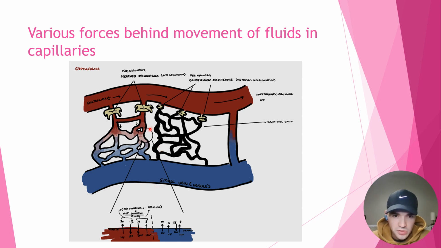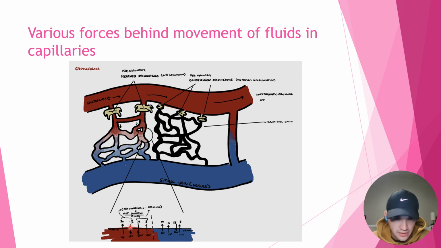Long story short, let's zoom in right here. It's kind of hard to see, but I drew the arterial and the venous side of capillary exchange when it comes to lymphocytes. We'll have a lymph duct up here, and this determines what goes in and what comes out in order to put waste products into the lymph system. Long story short, we have pressure going out and pressure going in, i.e., net hydrostatic and osmotic pressure.